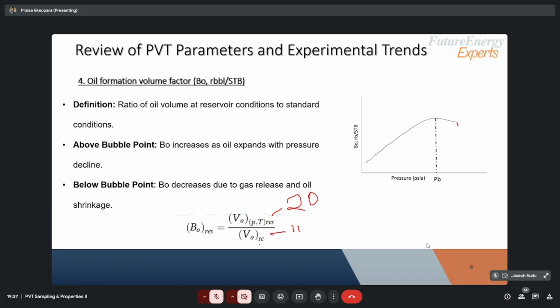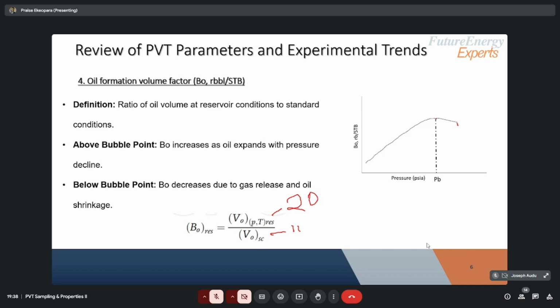So when we are dropping the reservoir pressure, as gas expands, you notice that the volume we have at the reservoir as we are approaching down to the saturation point will be increased. Because prior to this time, gases have not actually left, so they stay part of the fluid in the reservoir. So as we are dropping the pressure because of expansion, our BO value will increase a little.